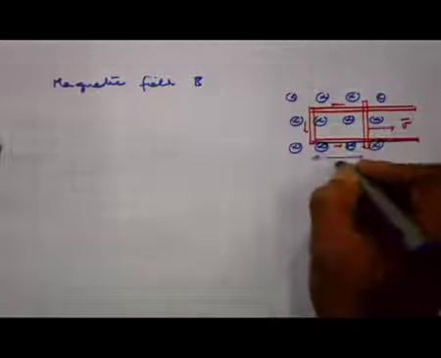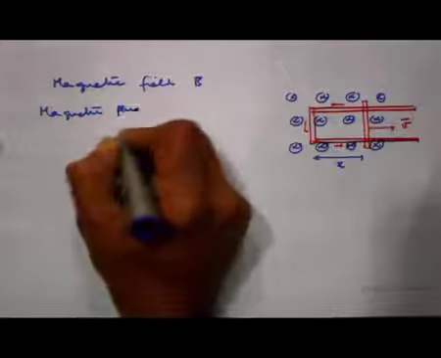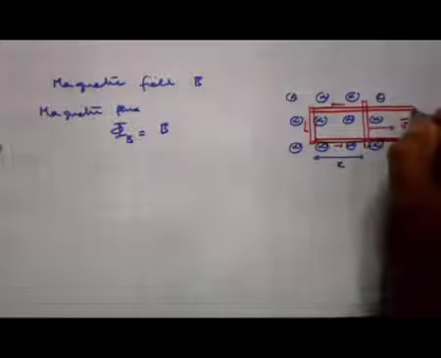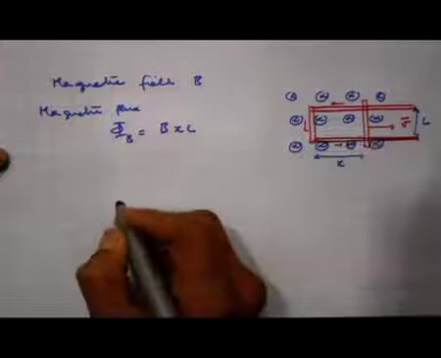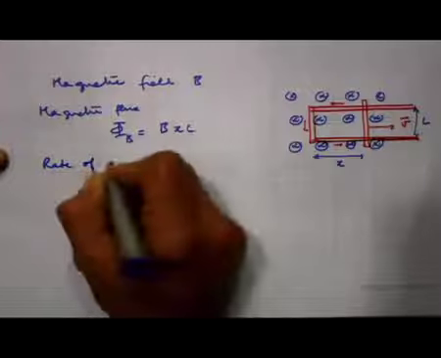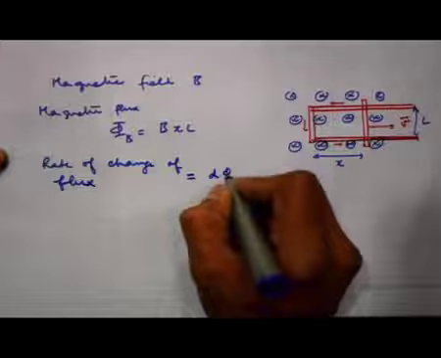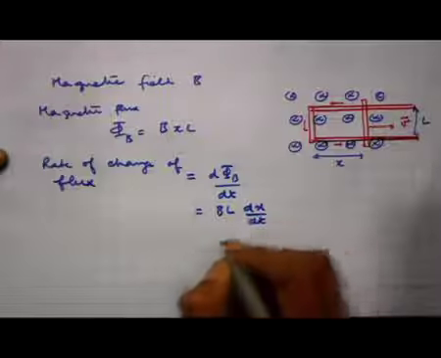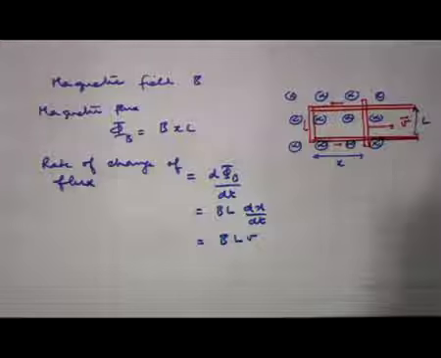If I assume this distance is x, the magnetic flux phi_B is equal to B into this area, which is x times L, where this distance is assumed to be L. So, at any given instant of time, the magnetic flux through this closed path is B times x times L. If this conductor moves with a velocity v, the rate of change of flux is d phi_B by dt, which is equal to B times L times dx by dt, and dx by dt is nothing but the velocity of the rod with which it is moving. So, we get the rate of change of flux to be given by this.